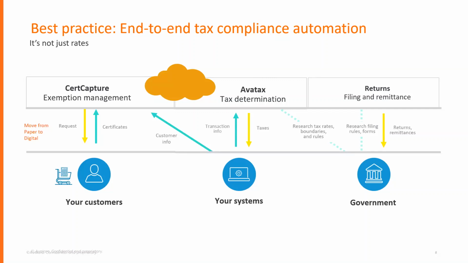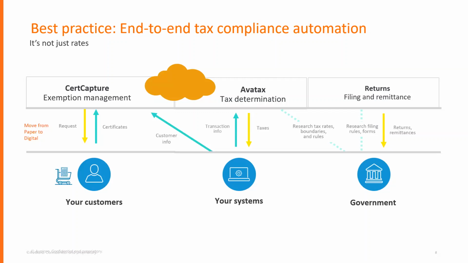And then if we go to the right side of this slide, not only is Avatax, our sales tax engine, going to be making those determinations for the different sales tax rates, but it's also going to be, think of it like a repository of all of your sales tax data. So let's say you're filing quarterly in North Carolina, where I'm located. Avatax is going to store all of that sales tax calculation that occurred within that quarter.